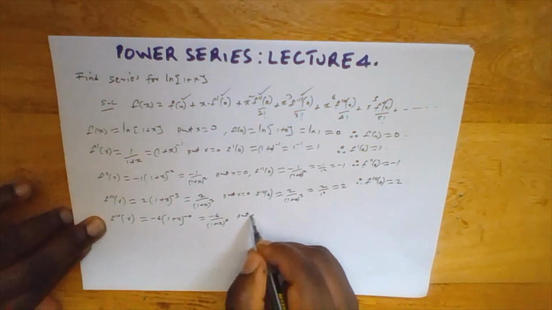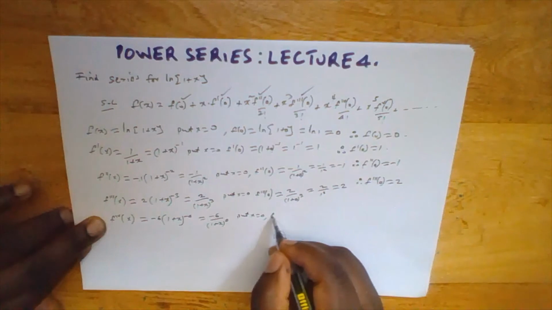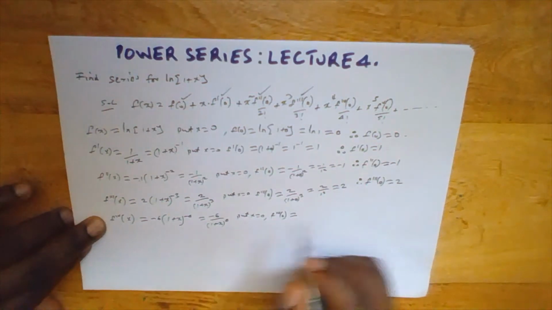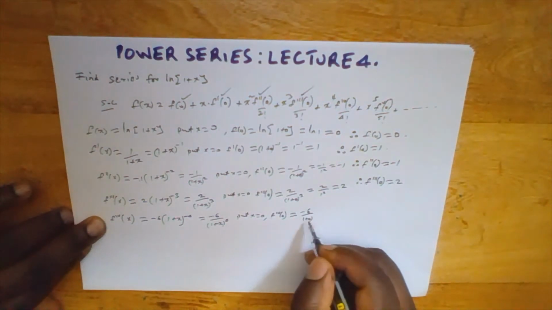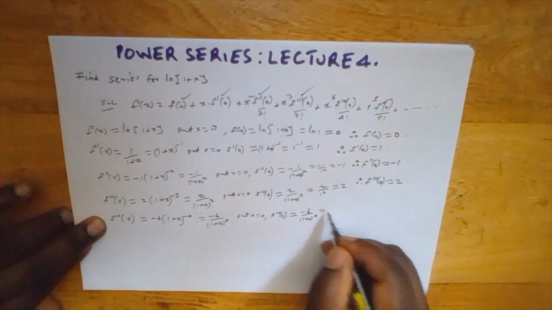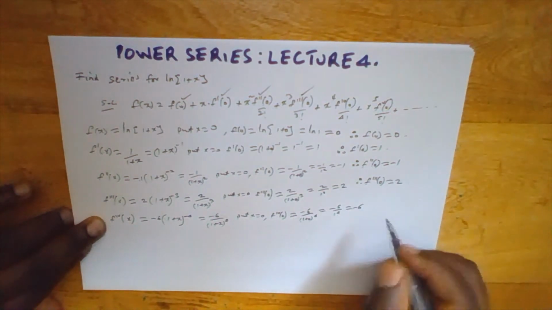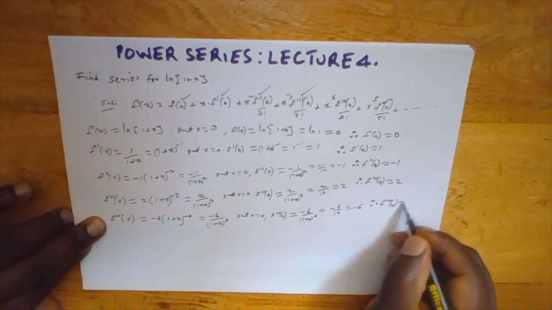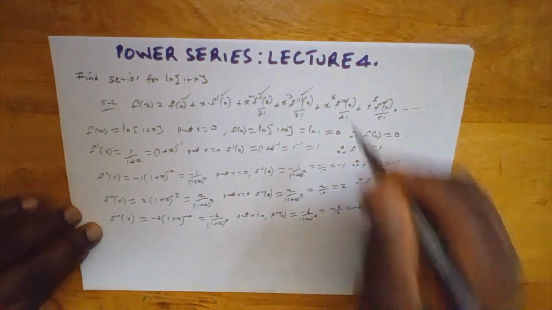Then we put x equals 0. So we shall have f raised to 4 of 0 equal to negative 6 all over 1 plus 0 raised to 4, which equals negative 6 all over 1 raised to 4, which equals negative 6. So we have this.